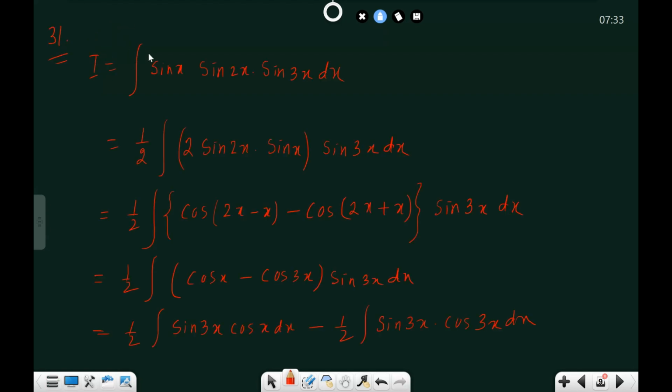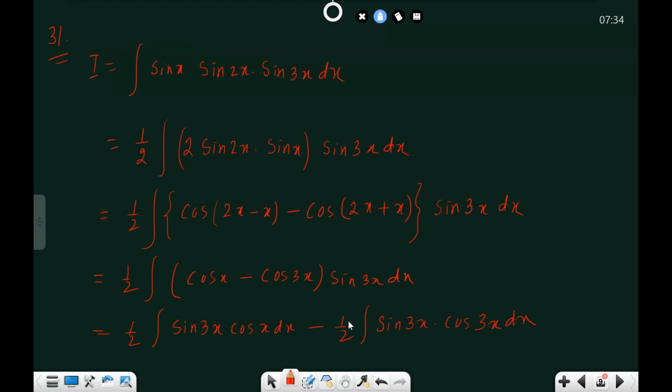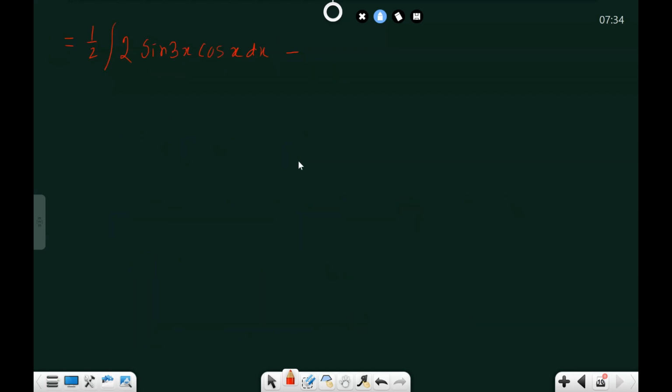The function of sine 3x cos x, so I write sine 3x then cos x dx minus, again this one, again you need a 2 here, so for adjustment I will have to give a 1 by 2 here also, and in this one half is already there, and again I am taking 2 inside the integral, so 1 by 2 to be given outside the integral, so this is 2 times of, what is the term?